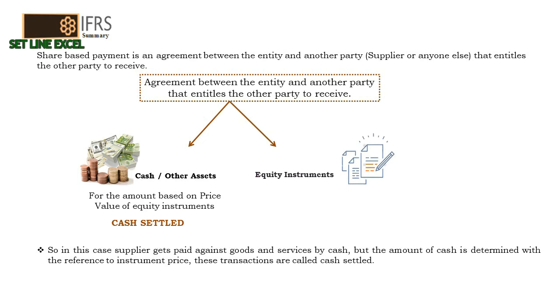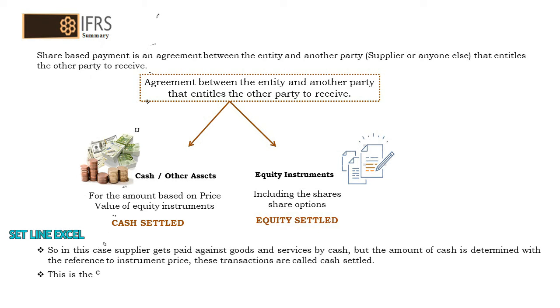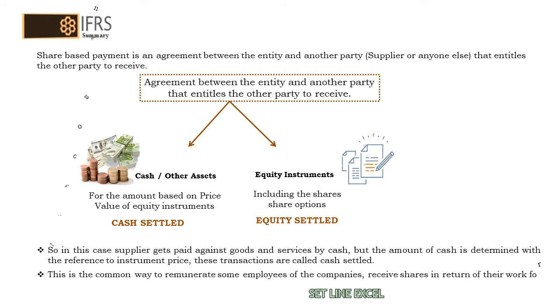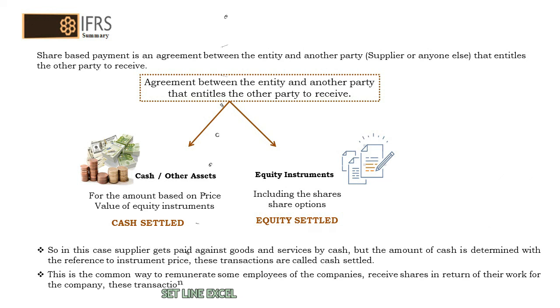Equity instruments, including shares or share options. Equity settled. This is the common way to remunerate some employees of the company, who receive shares in return for their work for the company. These transactions are called equity settled.